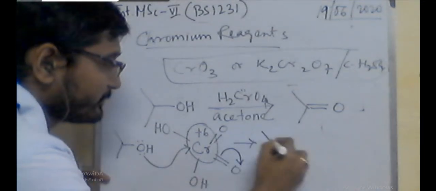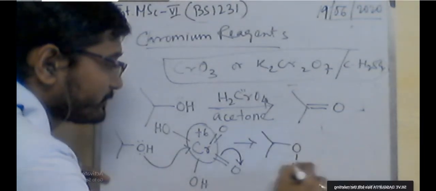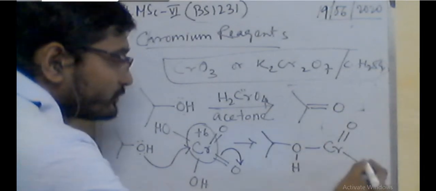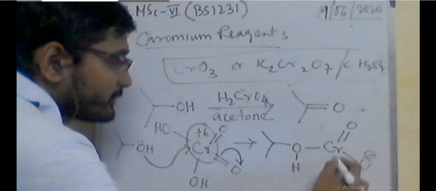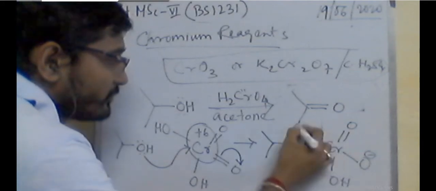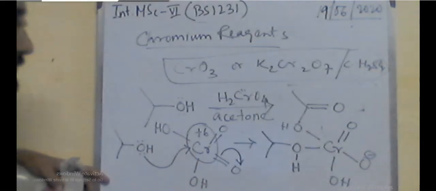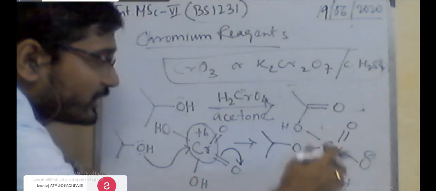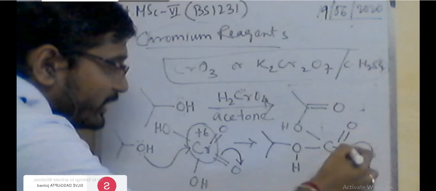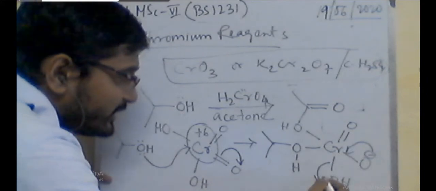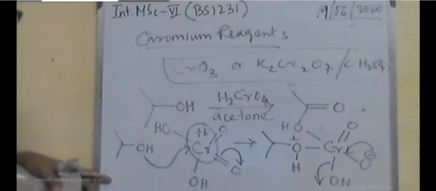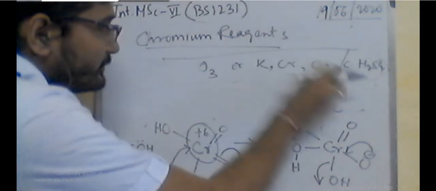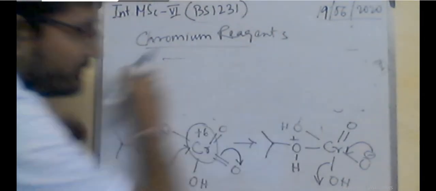Here water is easily removed from the system and will generate Cr double bond O, OH plus, and there will be a deprotonation step again.